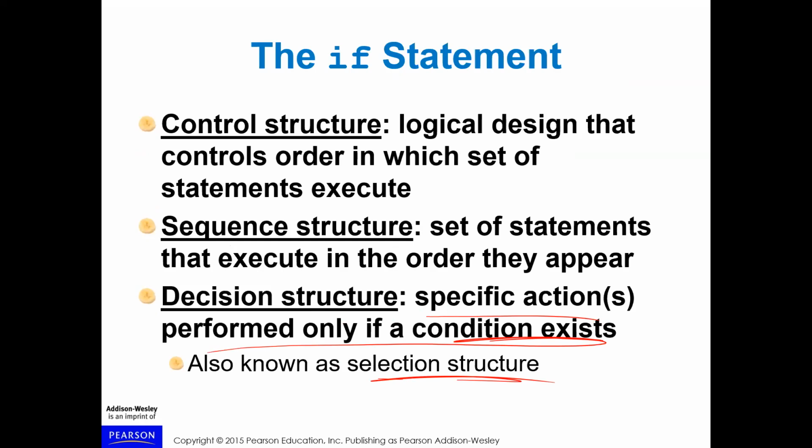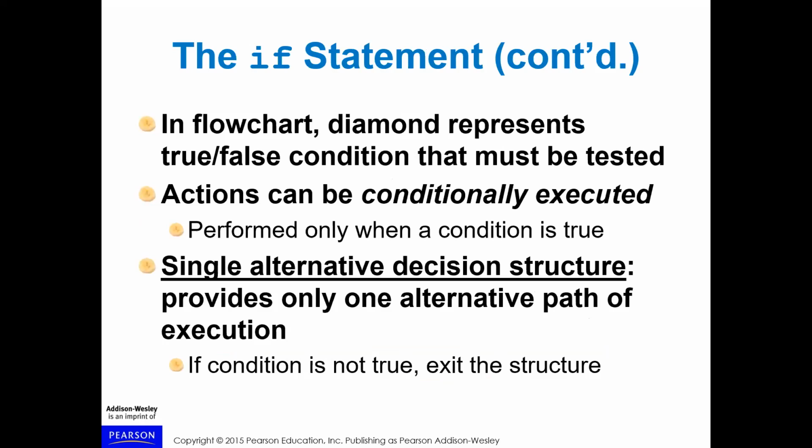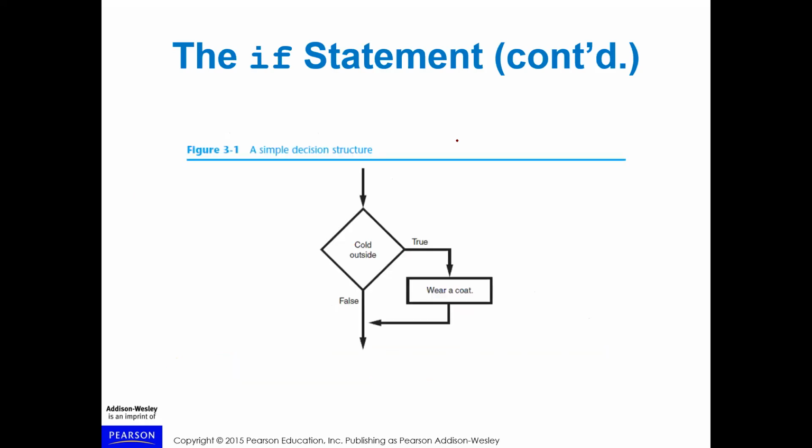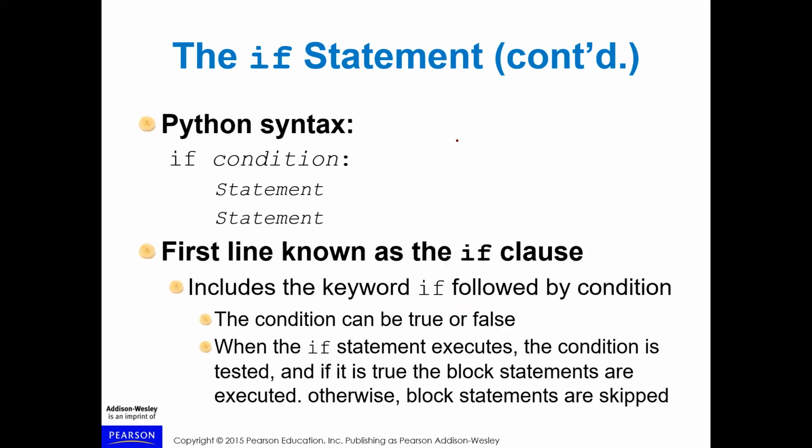I like to call it conditional structure. That's better. Decision structure is fine too. So we talked about this, it's the diamond. You can see that there. It's pretty much the same example from the previous slides.